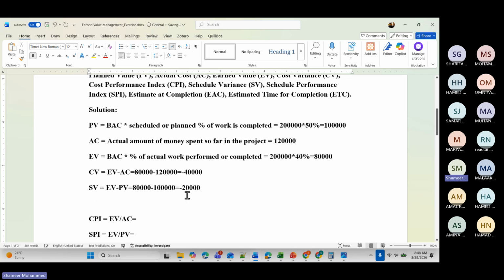Now the index. How is your project performing based on the cost? Simple. If you write this formula, you just have to divide.